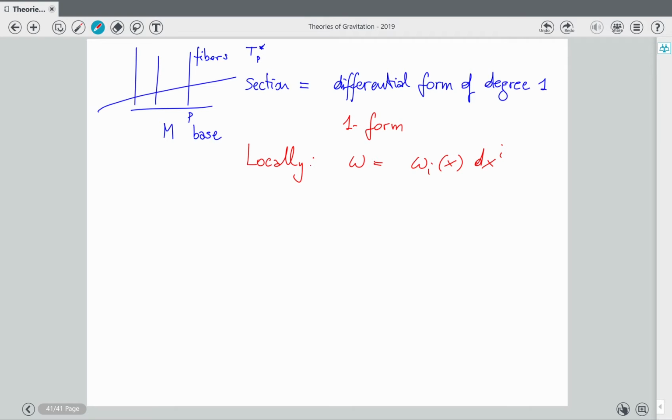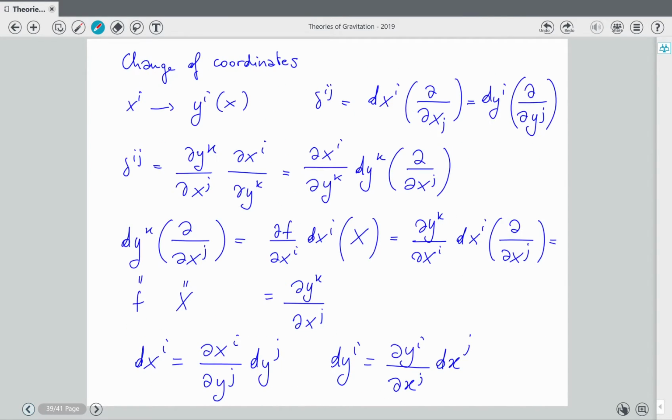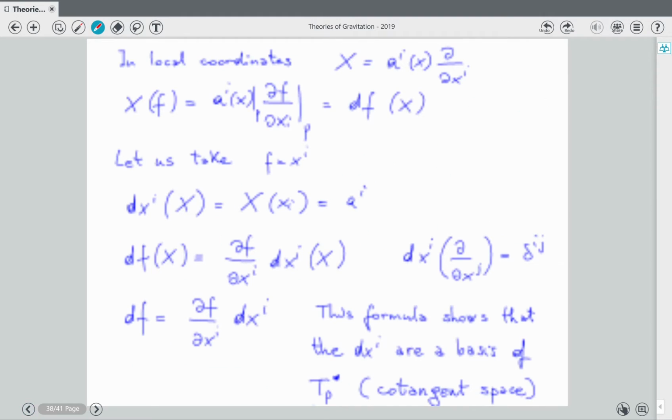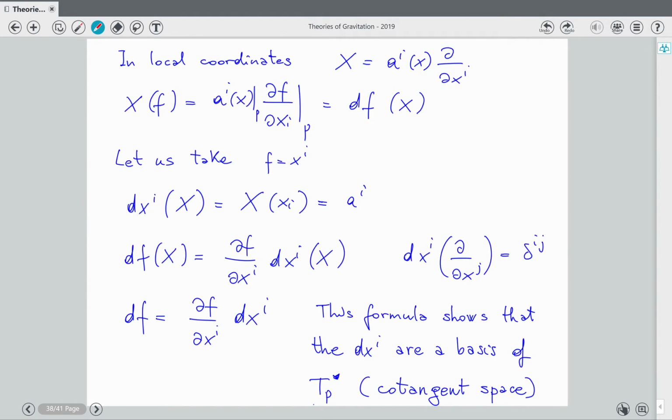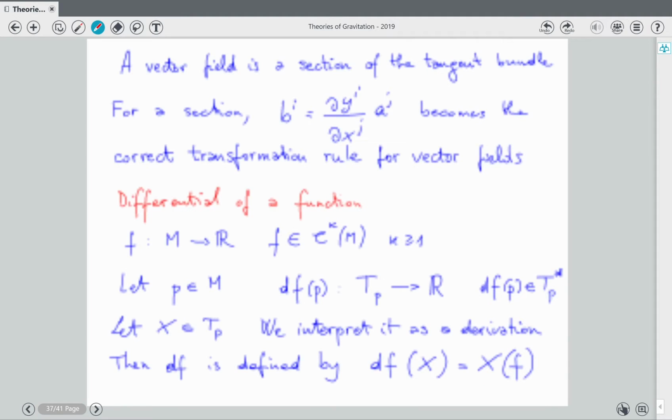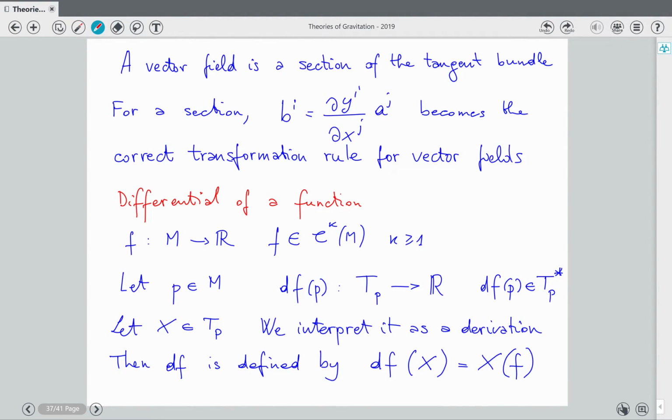So a differential form of degree 1 is a section of the cotangent bundle, since it's made of a linear combination of differentials, and the differentials are elements of the cotangent bundle, which means they are linear maps acting on derivations, vector fields, and returning real numbers.